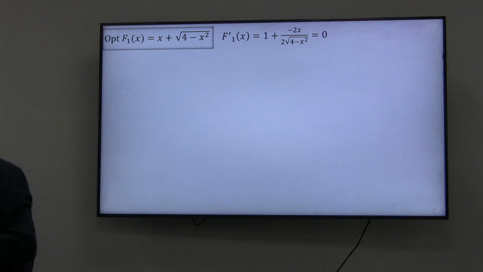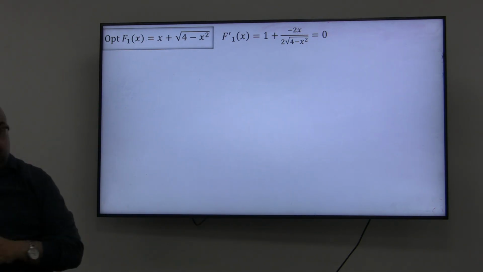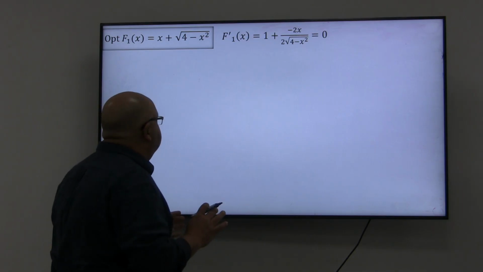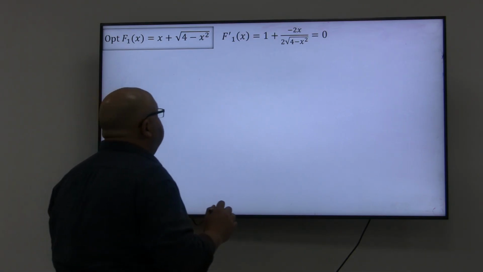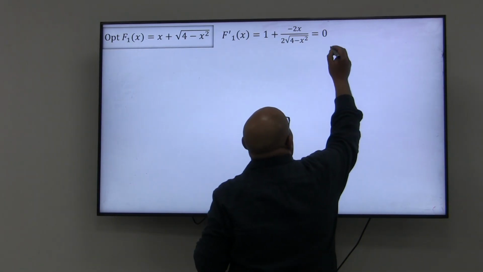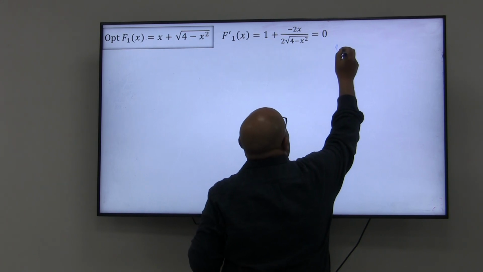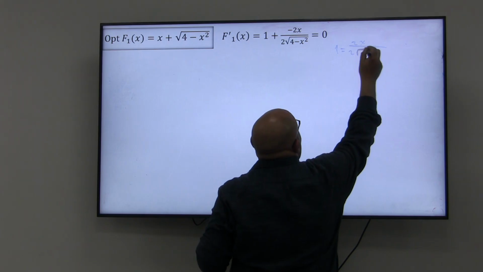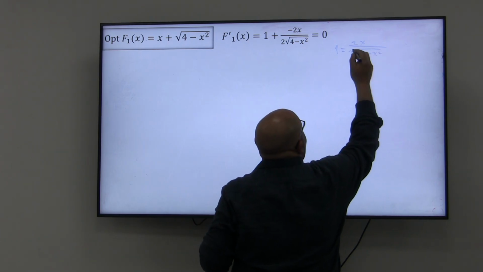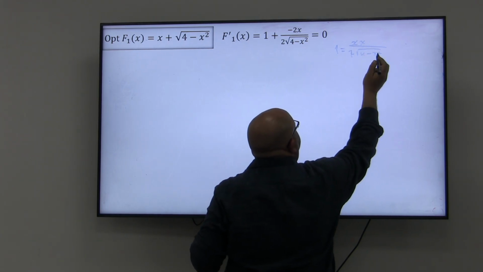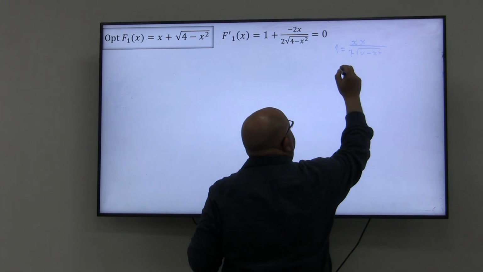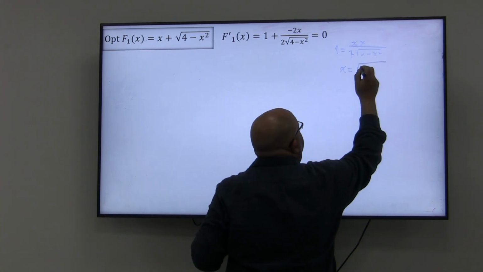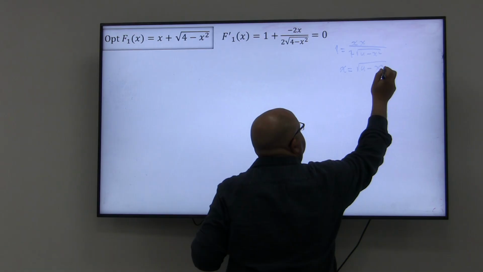Once you put this equation equal to 0, it is really very simple to find the solution, because simply it will be 1 is equal to x divided by the root of 4 minus x squared. Just eliminate these two together, make a cross multiplication, so x is equal to the root of 4 minus x squared.